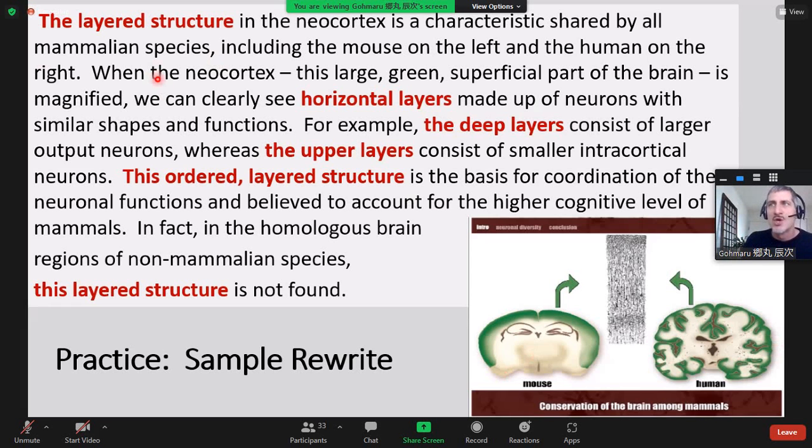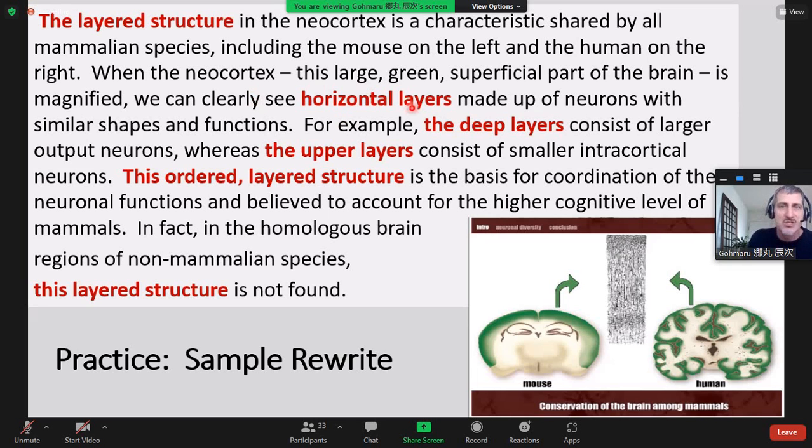In the next sentence, when the neocortex, this large green superficial structure here, is magnified, we can see. Okay, so our attention immediately goes to what do we see when we look at those places? And the answer to that is horizontal layers. So this minor information is included, but it's not calling the audience's attention and distracting them away.